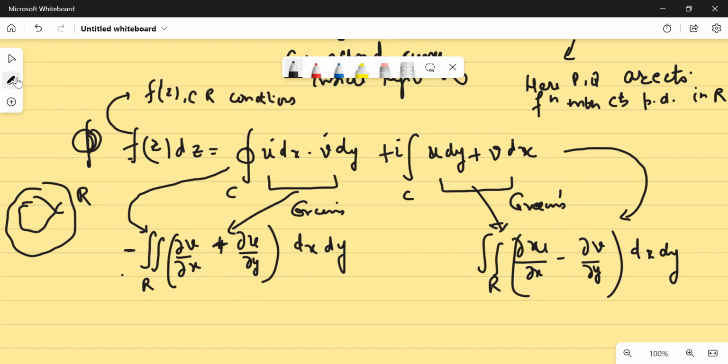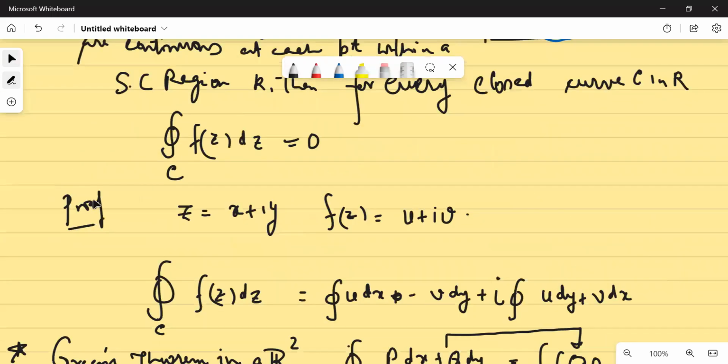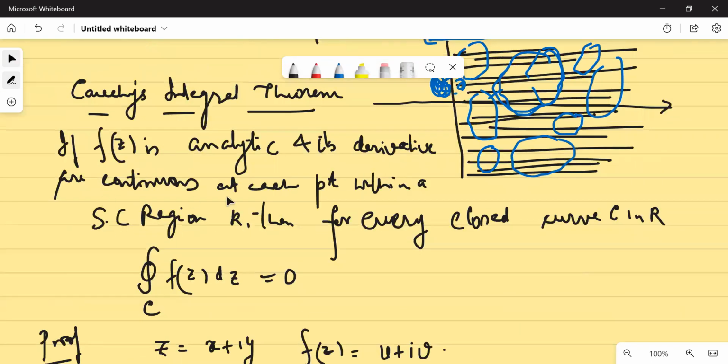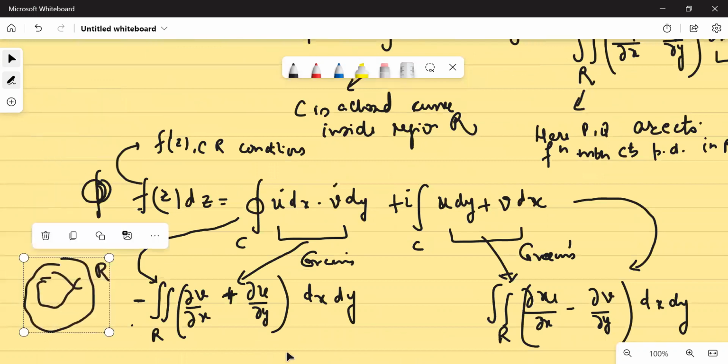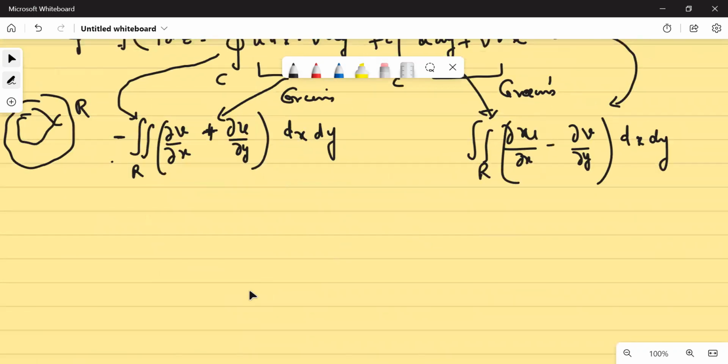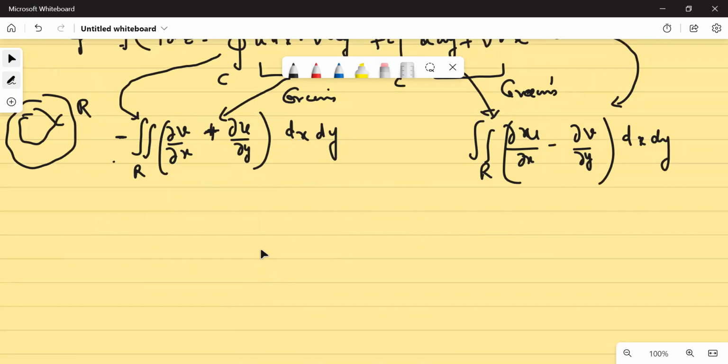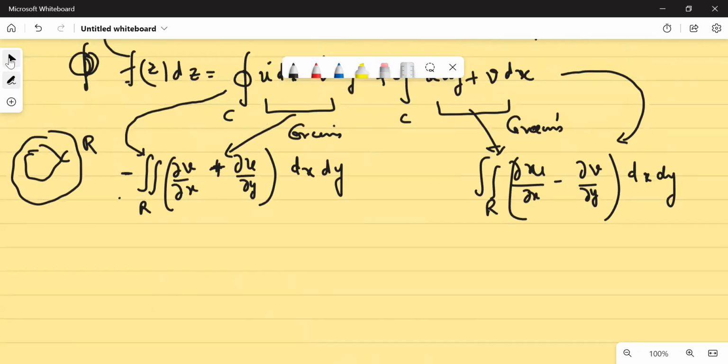Further, if I say that my first order partial derivatives are continuous at each point within the simply connected region, that implies these partial derivatives are continuous.